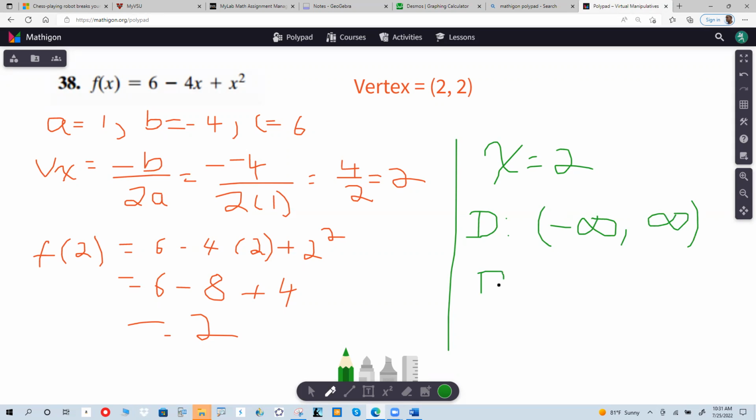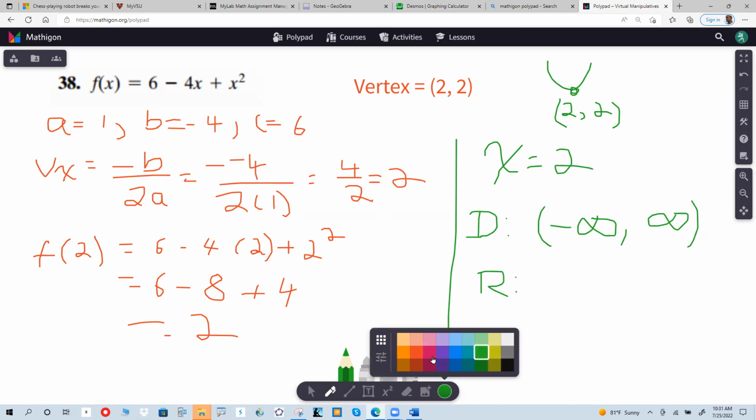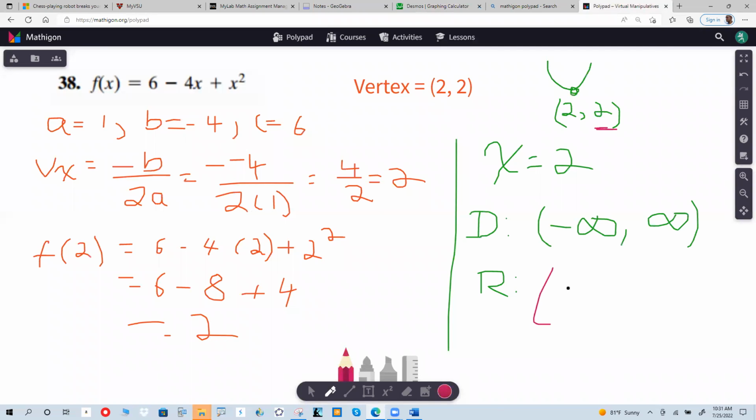Range, R for range. What's range? Remember, the x coordinate is 2, y coordinate is 2. I only care about the y coordinate when I'm interested in the range, and it's going to go 2 to positive infinity. And yes, you have to put a square bracket because 2 is included.